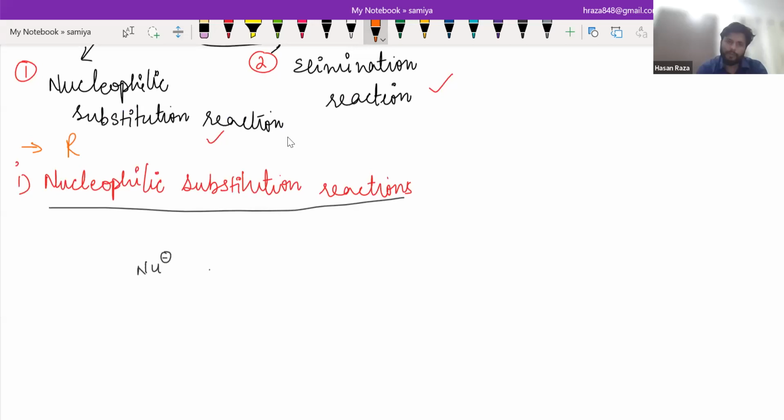We will also study reactions of haloarenes, but first we are going to start with reactions of haloalkanes.